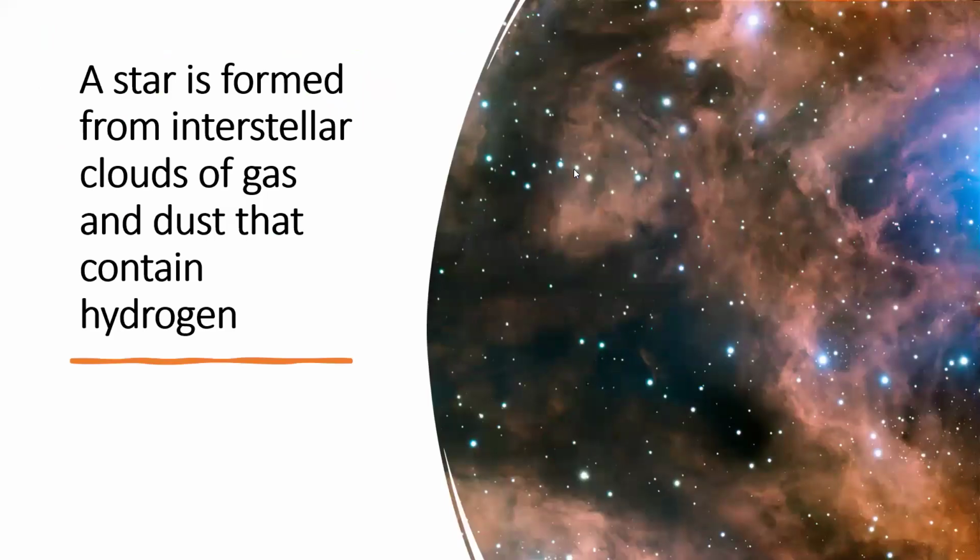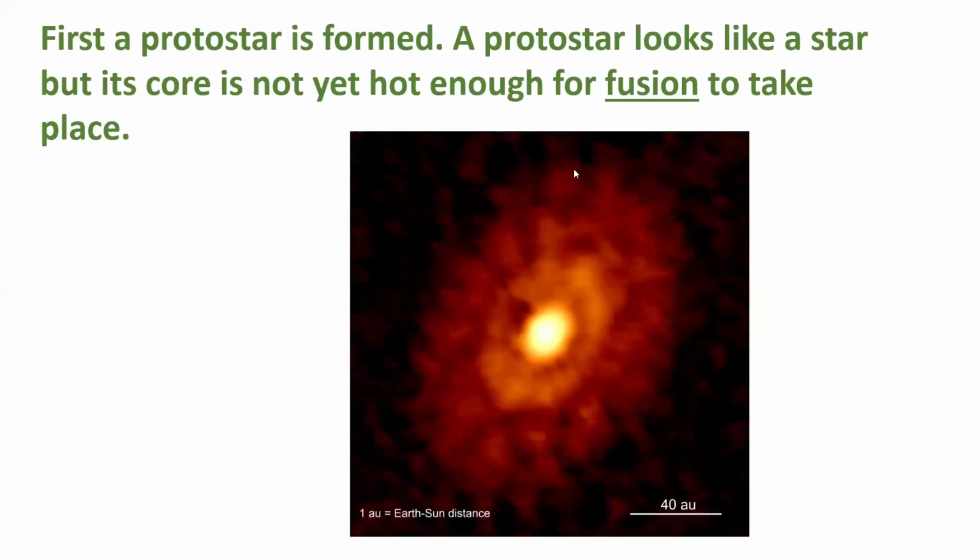First point, a star is actually a composition of clouds of gases and dust, which contain hydrogen. Why hydrogen? Hydrogen is needed because hydrogen nuclei have to be fused. Hydrogen nuclei are the source of energy. Now the cycle starts with the initial word protostar.